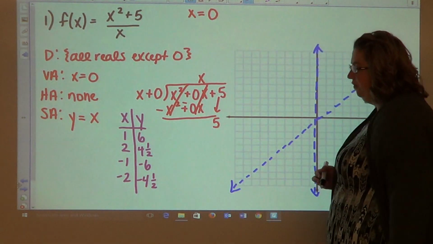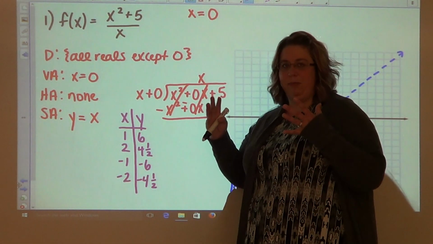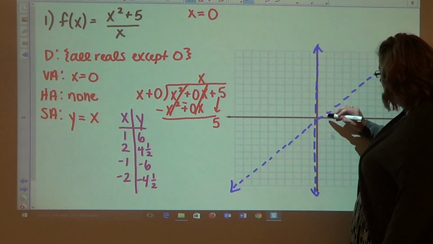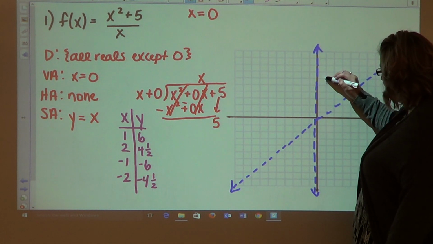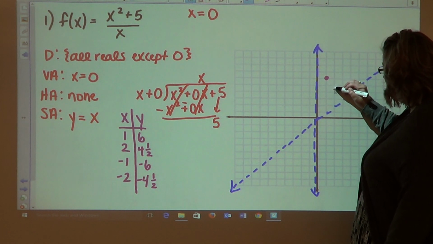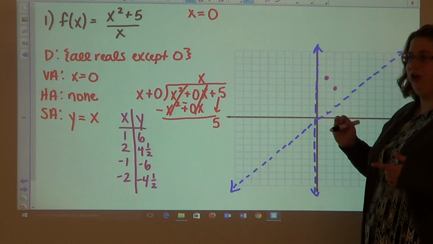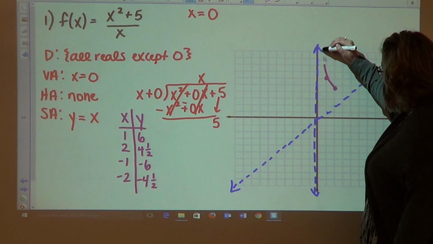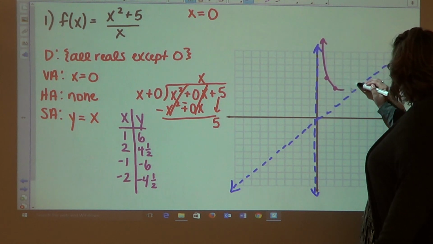Okay, so when I plot, the first two go together, they're going to be inside of a barrier. The next two go together inside of a barrier. So 1, 6, 2, 4.5. When I connect these, they curve still, and they get close to your dashed line. So these are going to curve toward this dashed line like that, and then toward this dashed line.